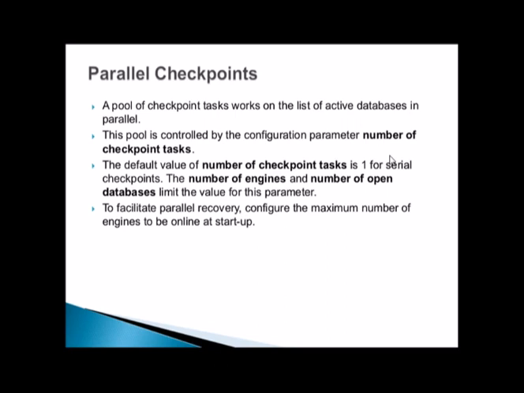So what is the value of number of engines and what is the value of number of open databases? That will control the number of checkpoint tasks, which is right now the default, 1, for serial checkpoints. To facilitate parallel recovery, configure the maximum number of engines to be online at startup, because that will help the parallel recovery.